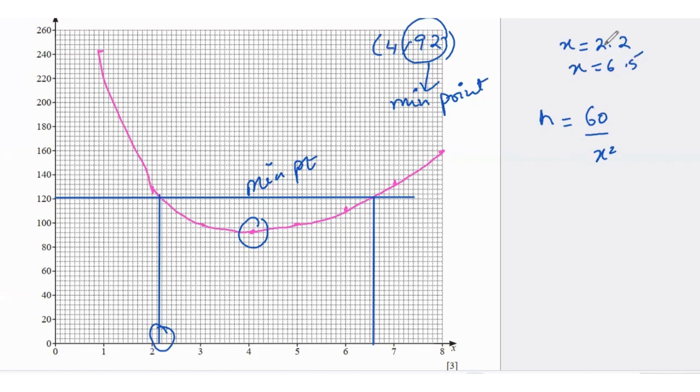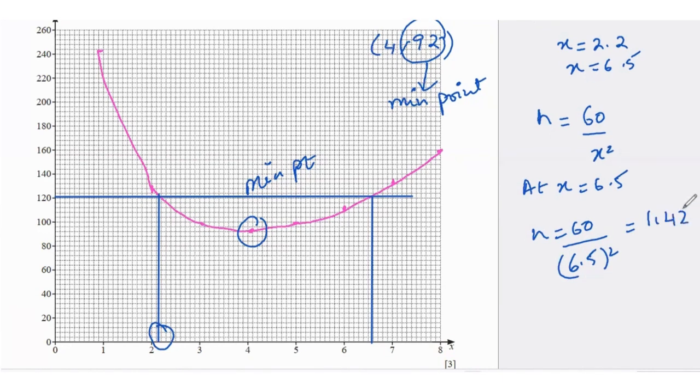So it says height has to be greater than the x value. So if we use 6.5, at x equals 6.5, height is 60 over 6.5 squared, which is going to give us 0.42, which is not greater than the value of x, which means 6.5 will be dismissed.